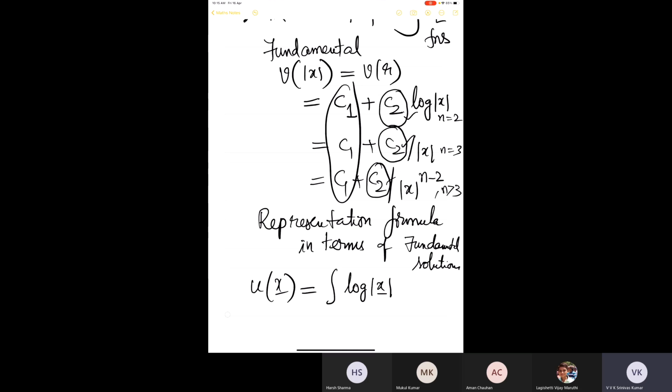So this is the formula with log mod x. In fact, there is a translation also involved here.